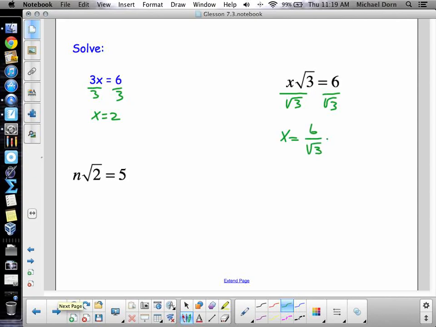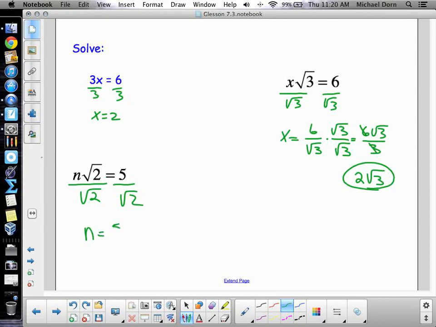Problem is I have to rationalize that answer. Multiplying by 1, same thing top and bottom, matching the denominator. I get 6 root 3 over 3, which is going to reduce for me. There's my solution. Or if I have n root 2 equals 5, again, same thing, divide by the square root of 2.